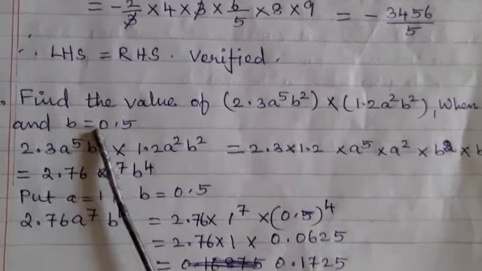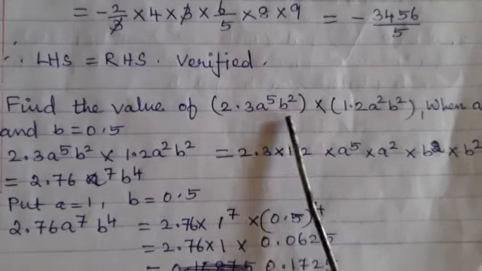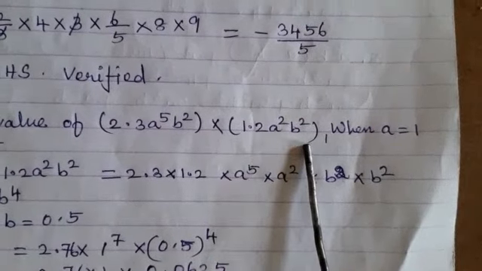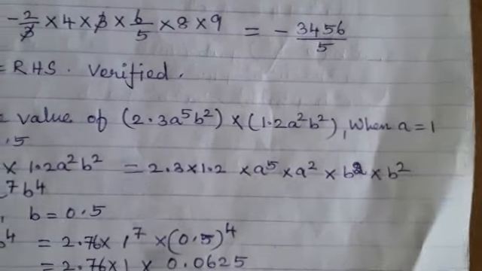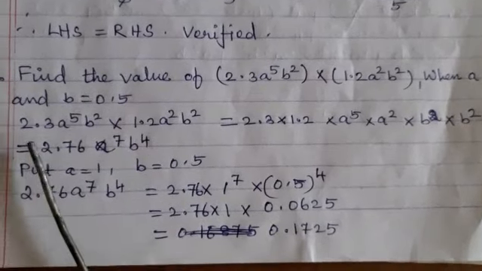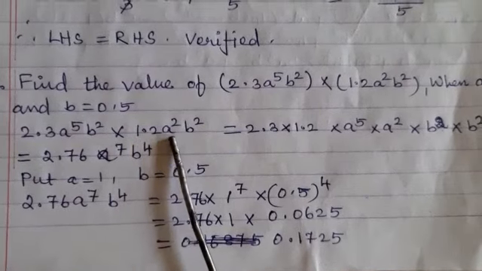Number 5, find the value of 2.3 a to the power of 5 b squared multiplied by 1.2 a squared b squared, for a equal to 1 and b equal to 0.5. So the question is 2.3 a to the power of 5 b squared multiplied by 1.2 a squared b squared.